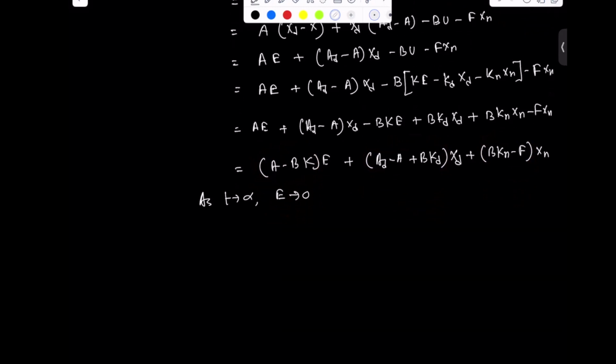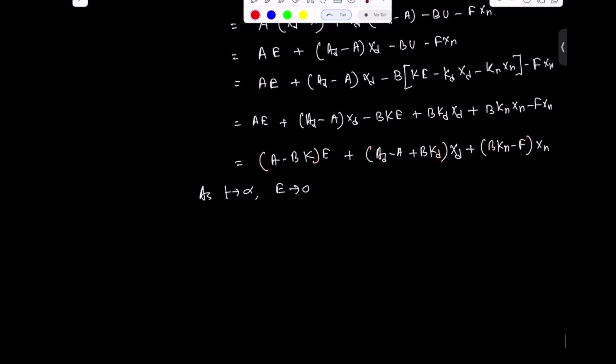So now let's see how we can do it. Let us find some condition on Kd and Kn, so that anyways we have to design the controller for this, but the critical part is this part and this part, right? So let's start.